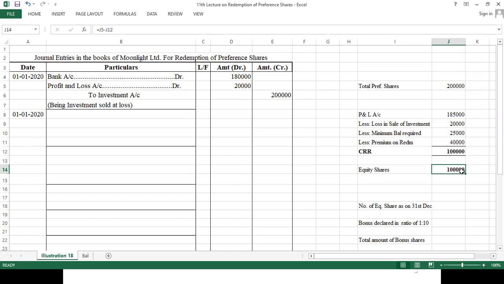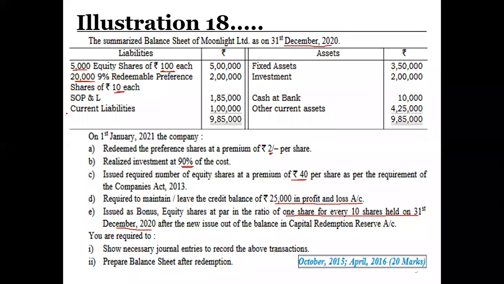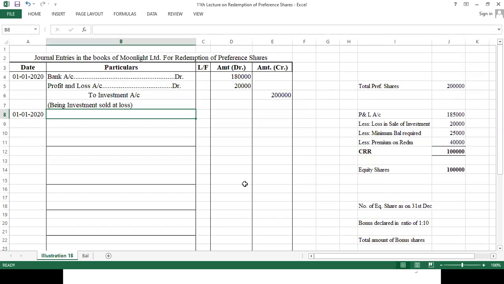And we are issuing equity shares at 40% premium. They have written 40 rupees per share, which means 40% of 100 rupees. Either way you calculate and see, it is going to come the same. Let's see.